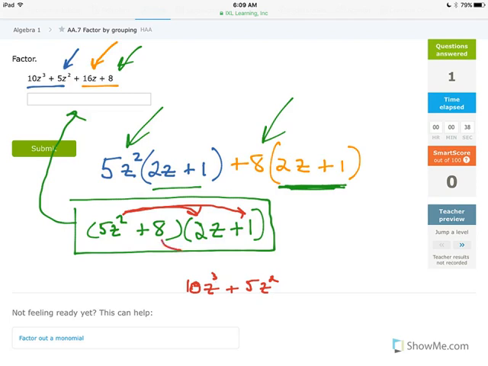And then your 8 times the 2z would be your 16z. And then your 8 times your 1 would be 8. So that checks out. That is what the original problem was. So these would be your factors. And let's move on to another one.